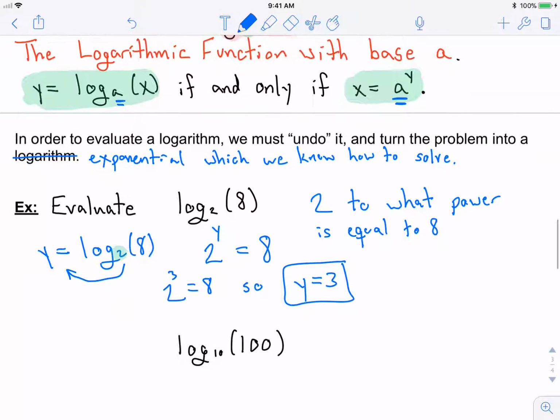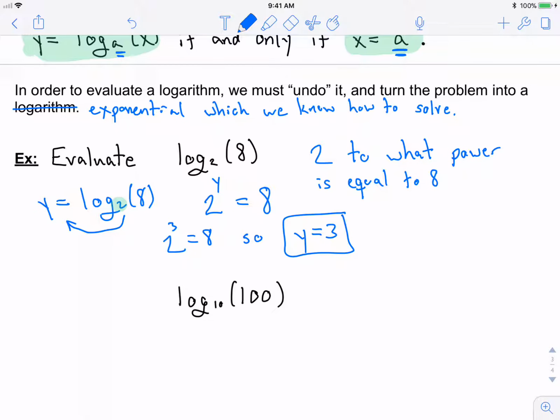Let's do another one. Let's evaluate log base 10 of 100. We always set these up the same way, and we have some mystery y is equal to log base 10 of 100. We look at the base of the logarithm. We cancel it out by moving it to the other side, and now this becomes an exponential. 10 to the power y is equal to 100.